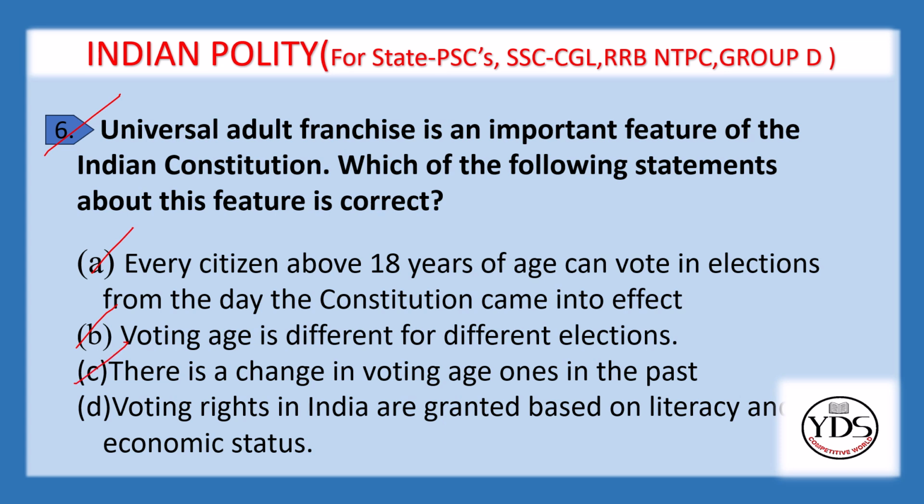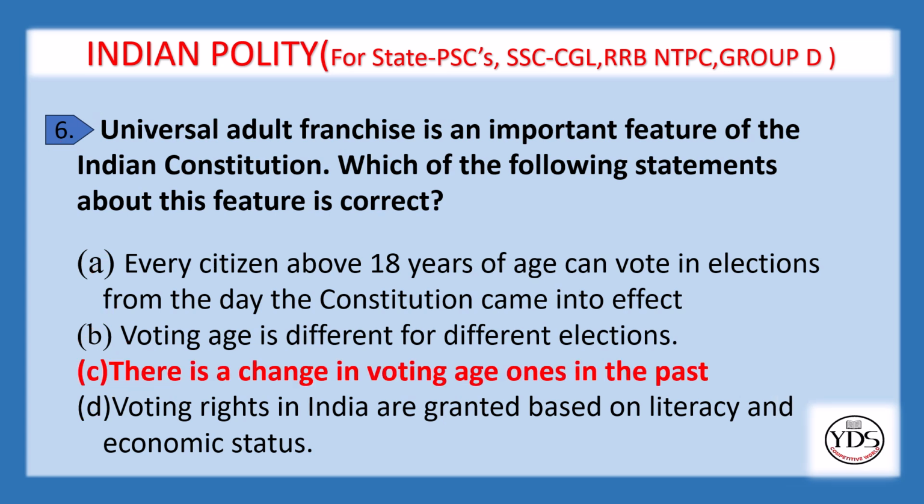Option C. There is a change in voting age once in the past. Option D. Voting rights in India are granted based on literacy and economic status. And the answer is option C. There is a change in voting age once in the past.